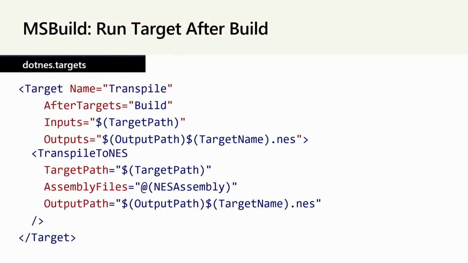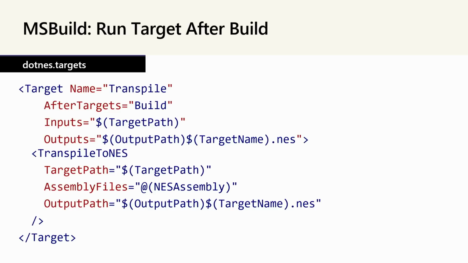This is actually the stuff I work on in my day job. MSBuild has two concepts: targets that are written in XML, and tasks that are generally written in C#. I have a target here named Transpile. I'm not a huge fan of using that word, but that's what I put. It runs after the build, so the regular .NET build is done.